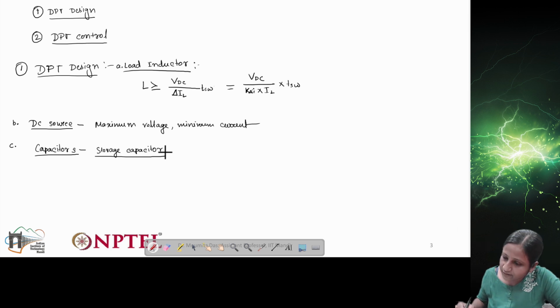So how can we find the value of this capacitor? This is also known as the bulk capacitor.